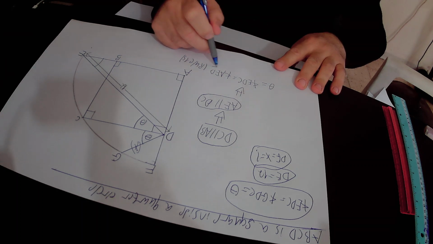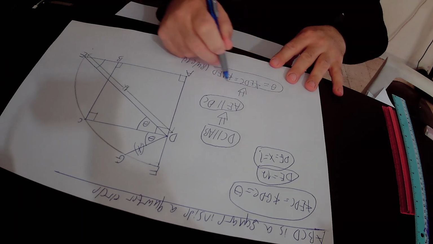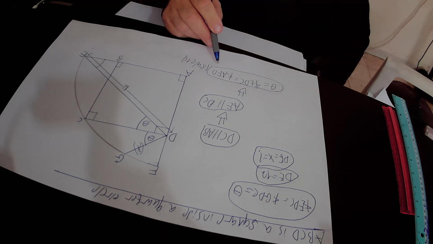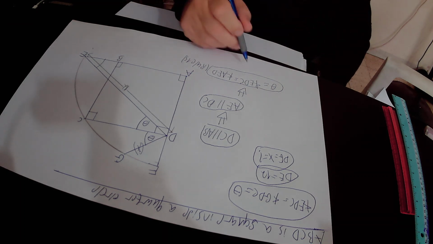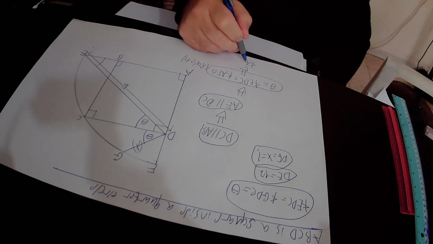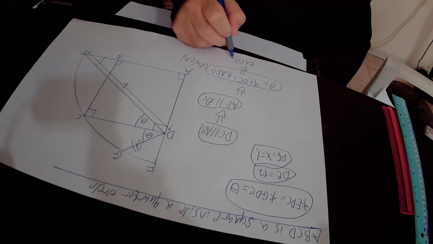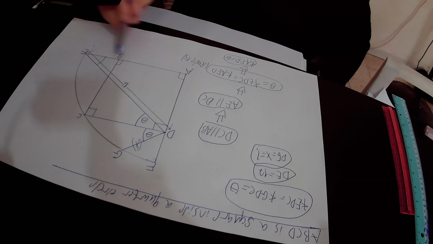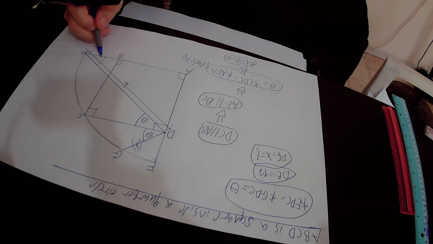And from this equation, theta equals angle EDC equals angle AED. We derive that angle AED is also equal to theta. So this is angle AED, and it must be equal to theta also.